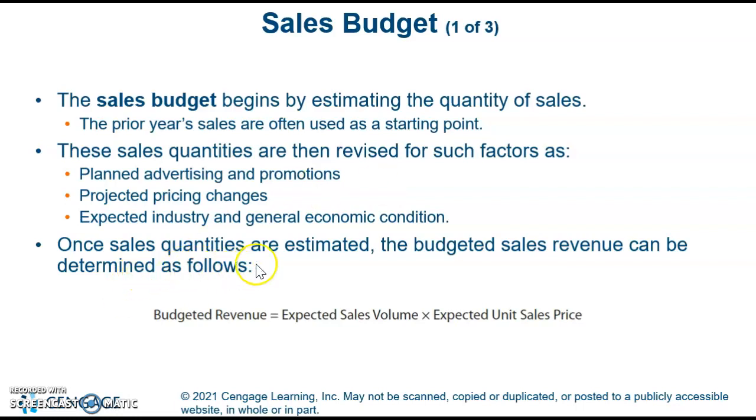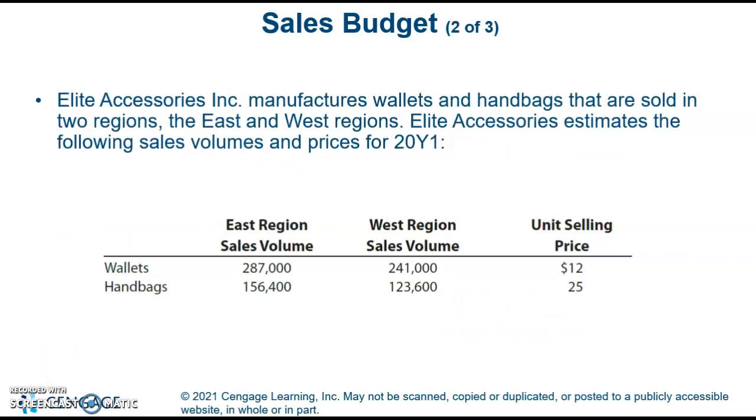And once sales quantities are estimated, the budgeted sales revenue can be determined as follows. Calculate it by taking the expected sales volume times what we expect to sell it for, which is the expected unit sales price. So Elite Accessories manufactures wallets and handbags that are sold in two regions, the East and West regions.